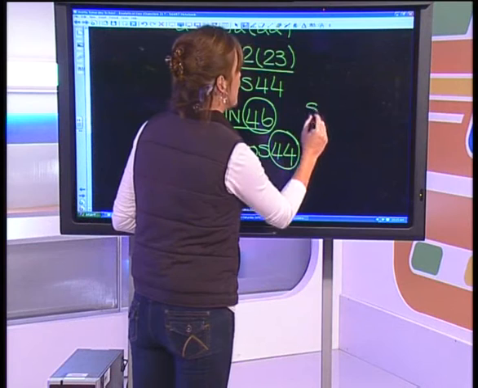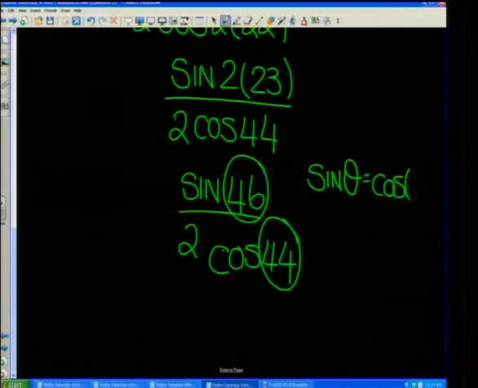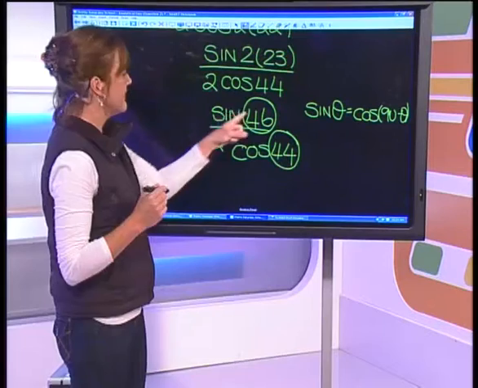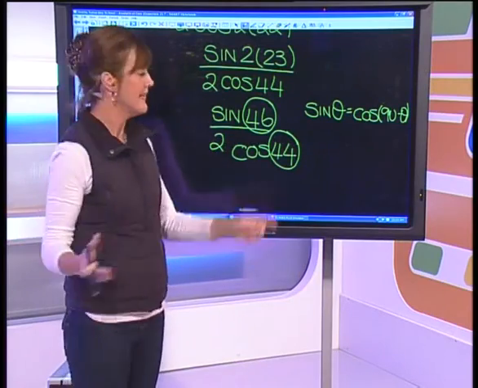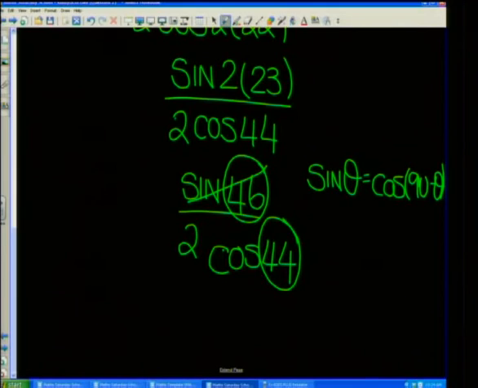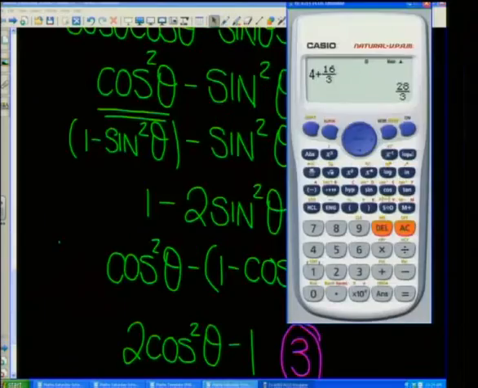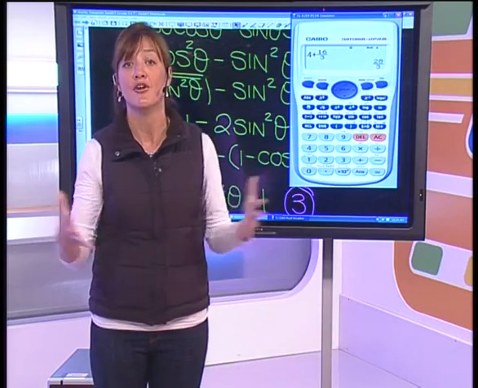And remember, sine of theta is equal to cos of 90 minus theta. So what we know is that sine of 46 is equal to cos of 90 minus 46, which is 44. So, wonderful, they cancel each other out. And that leaves us with a half. So watch out for that. It's something that comes up pretty often, and it's actually quite easy to work out if you know how to.